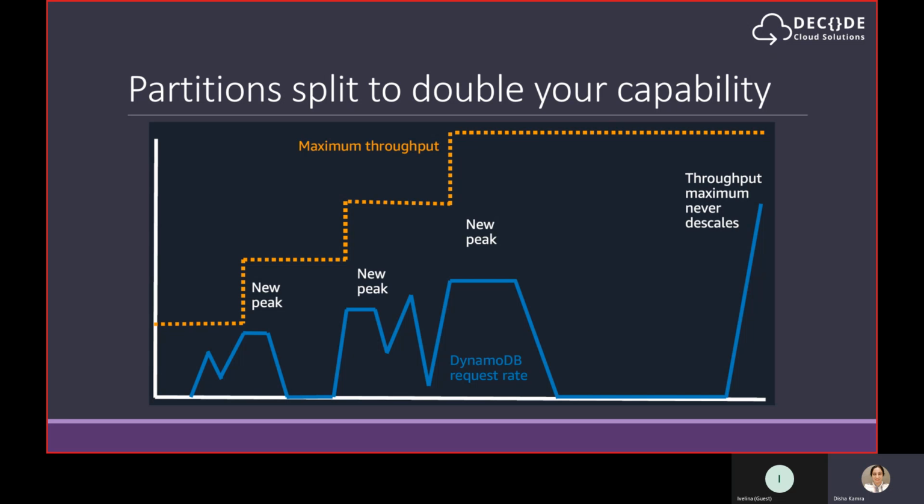The same is true for provisioned mode, and these partitions are basically the storage nodes across which AWS is distributing your data. We can see that as the load grows and nears the maximum, DynamoDB identifies that the table might need more throughput potential, partition splitting occurs, and we now have a new maximum.